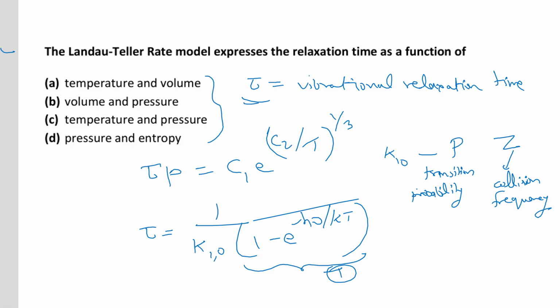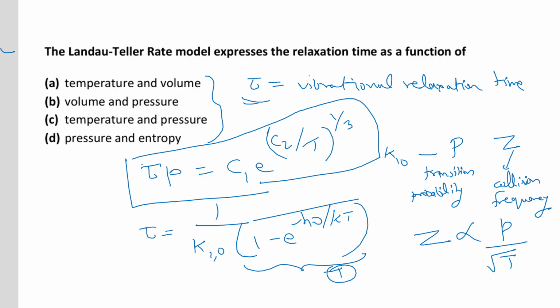And we have seen before this collision frequency depends on reference temperature. So from this also you can see that this relaxation time is a function of reference temperature only, or from the equation also you can see that this relaxation time is a function of reference temperature. So option C will be the correct option.